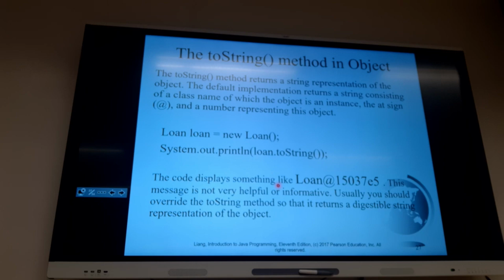Usually, you should override the toString method so that it returns a digestible string representation of the object. By the way, most of the time this number is basically the memory location of where this object is stored. This is the default implementation of toString.